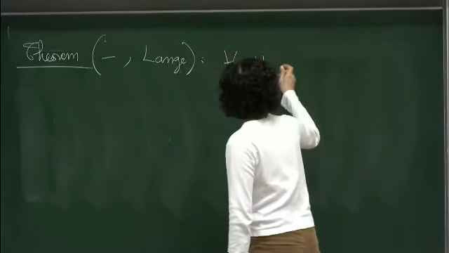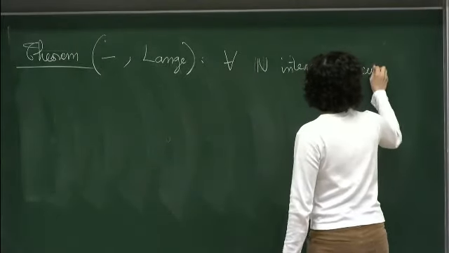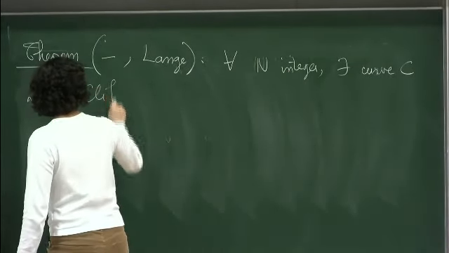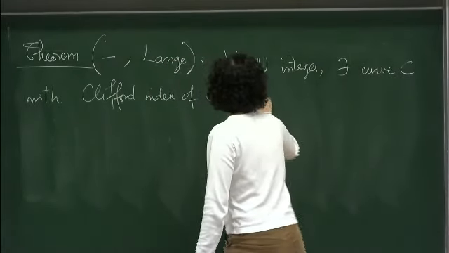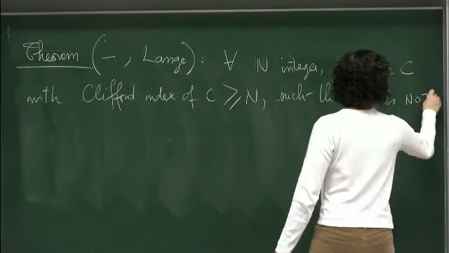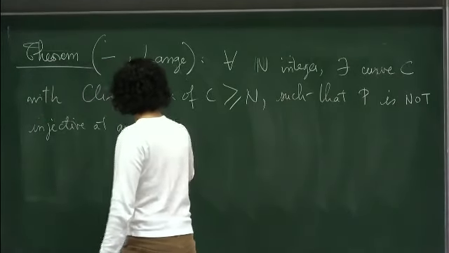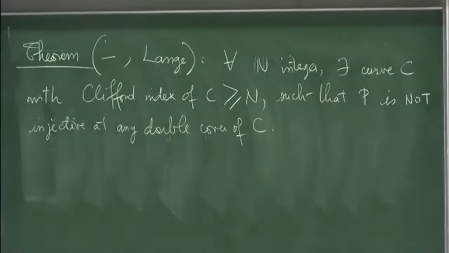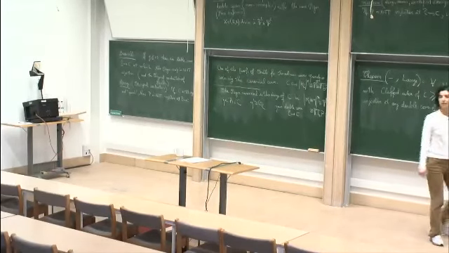So for any integer n, there exists a curve C with the Clifford index of C greater than or equal to n, such that the Prym map is not injective at any double cover of C. So basically what it's telling you is that Prym-Torelli has got nothing to do with the Clifford index.